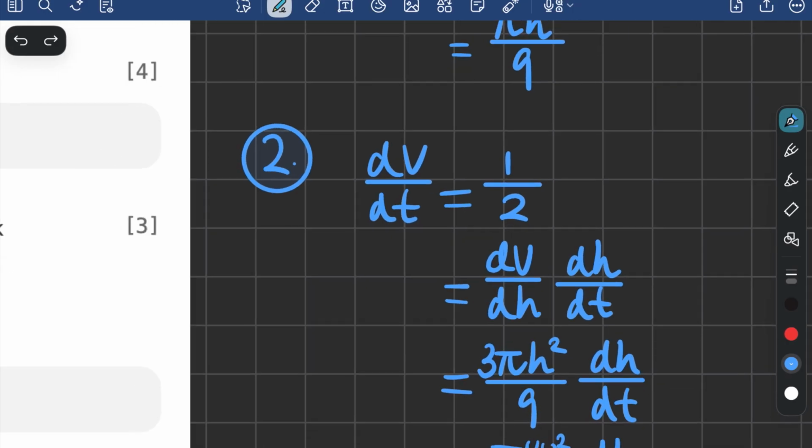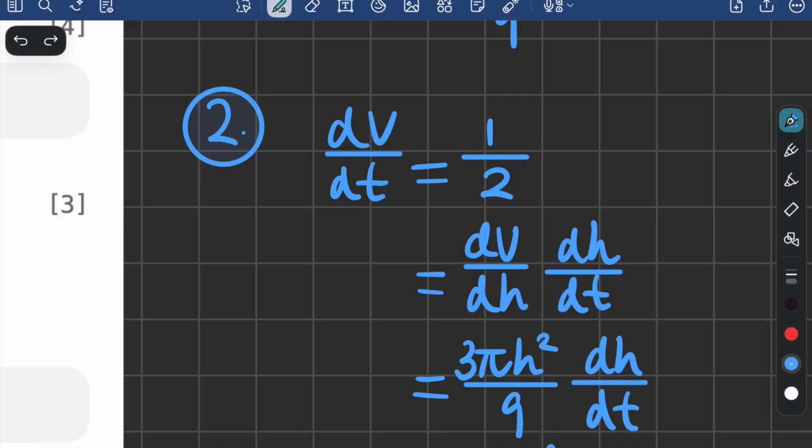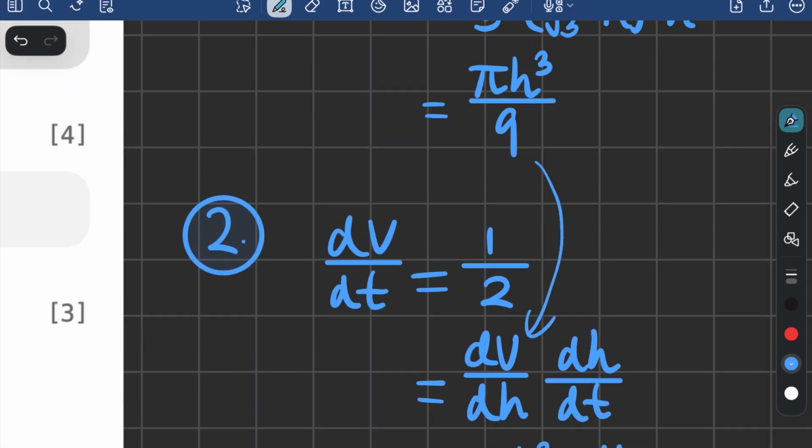The reason we do this is we want to use the numerical values given in the question, and the values that we can find, and substitute like this. Because h is given, h is 4, we want to use this and this, make them numerical values, so we can move them around and get dh/dt as a numerical value. That's the thinking process of this.